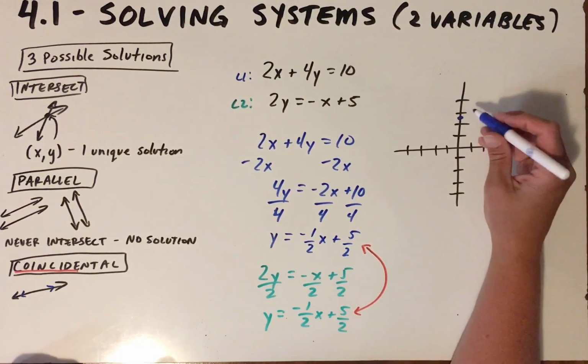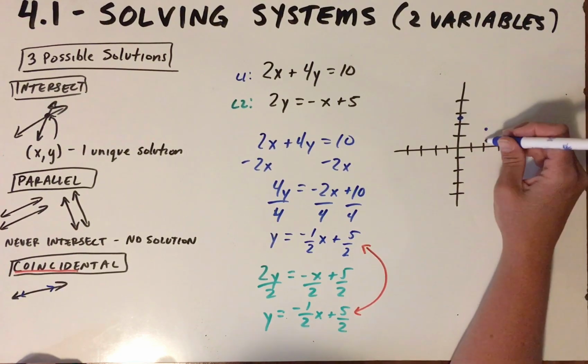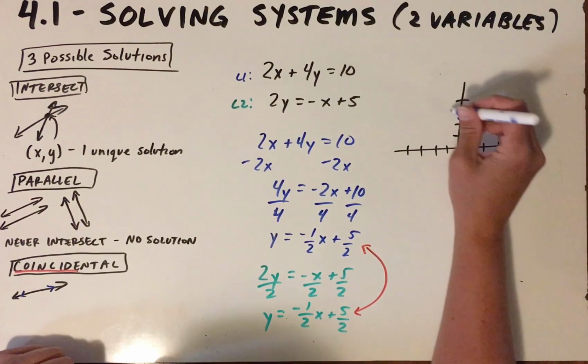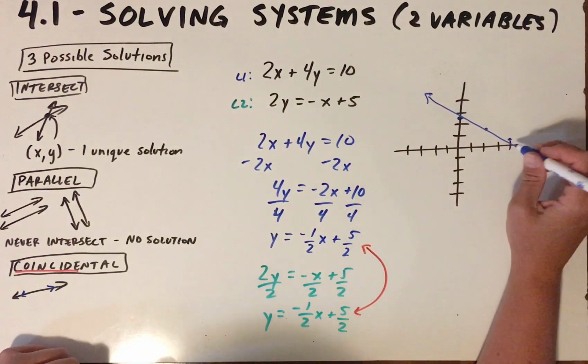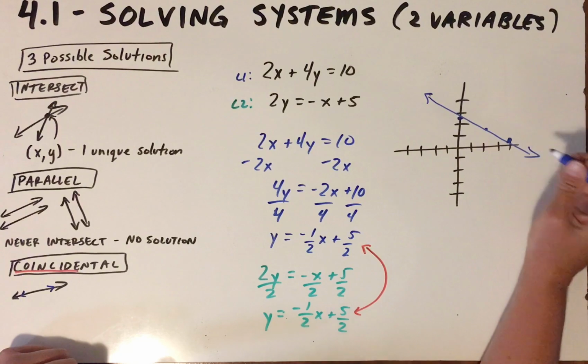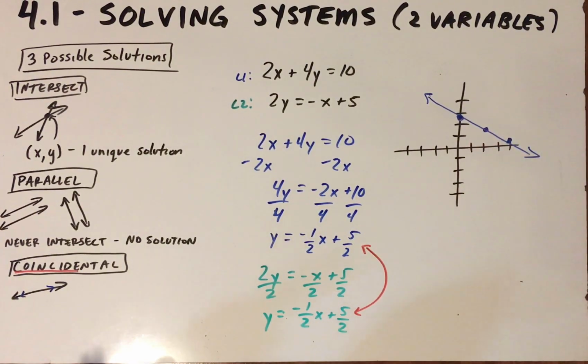And from here, I'm going to go down 1 and right 2, and down 1 and right 2. So this line looks like this. Okay, so this is my blue line.